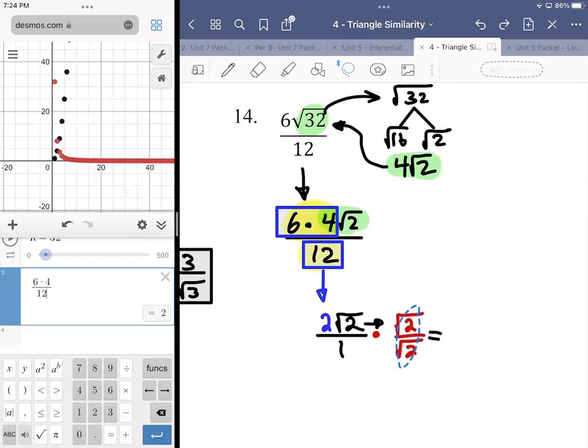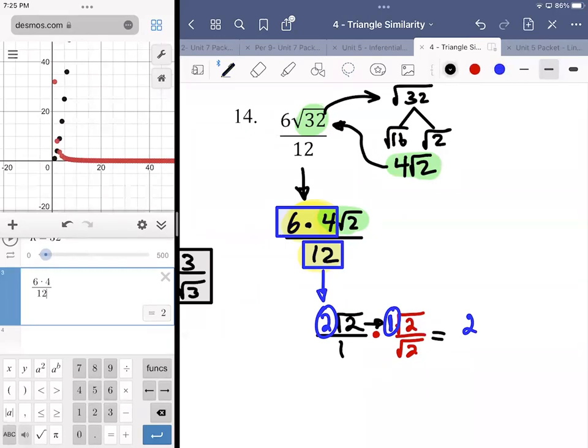A little bit more of the theory of the numerical relationship. In front of that radical 2, there's an understood coefficient of 1. So I'm actually taking this 2 and multiplying it by this 1. That allows me to, quote unquote, bring the 2 along for the ride.